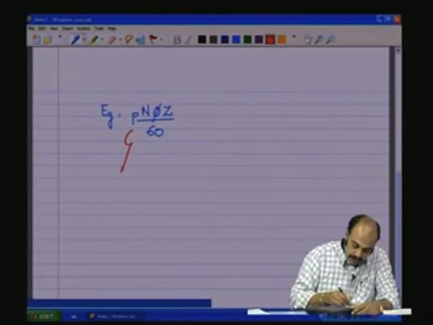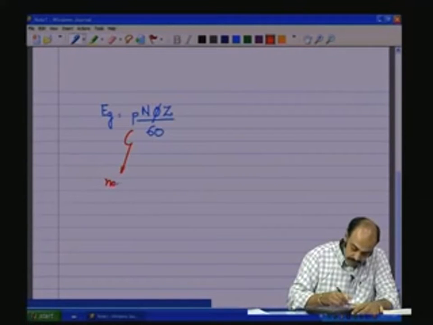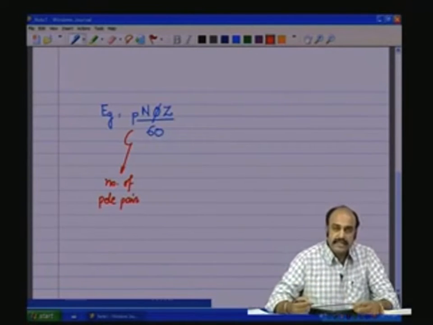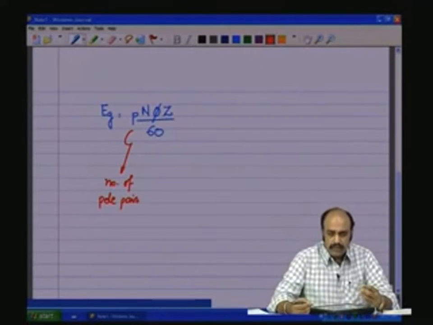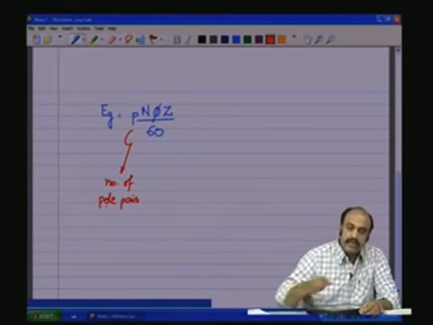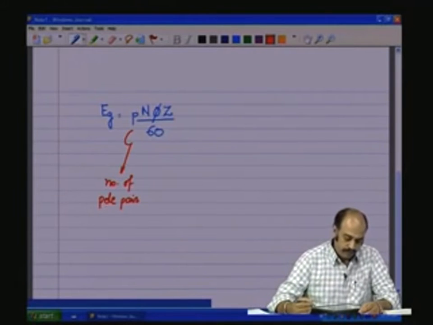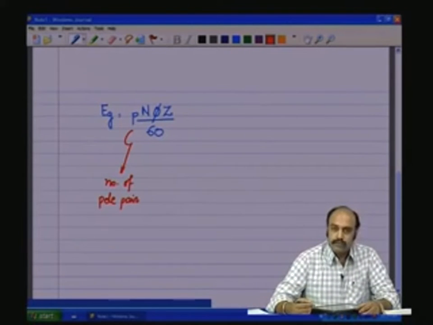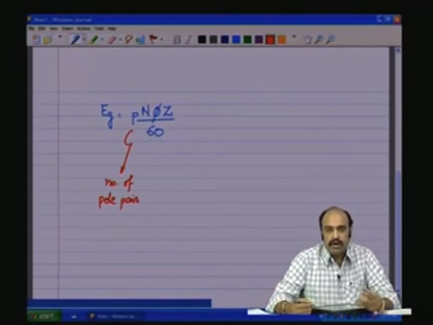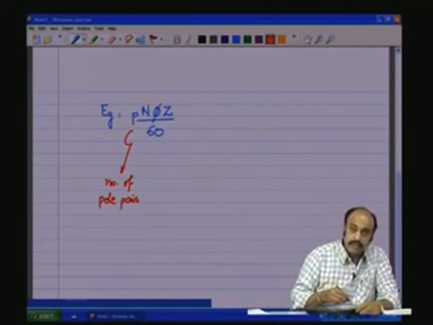So, P will be the number of pole pairs, as poles do not exist independently, they always exist in pairs. You can't have a pure north pole or a pure south pole. We normally talk in terms of pole pairs, or if you want to talk in terms of poles, they will always be even numbers, multiples of 2.